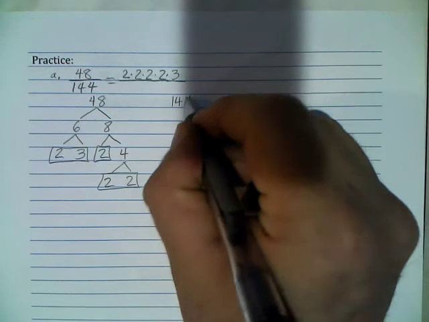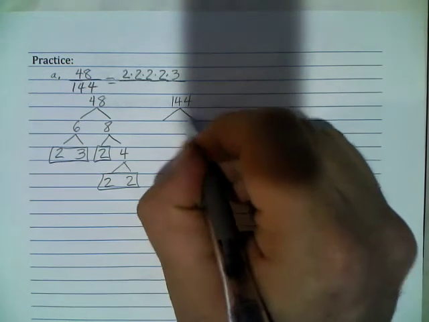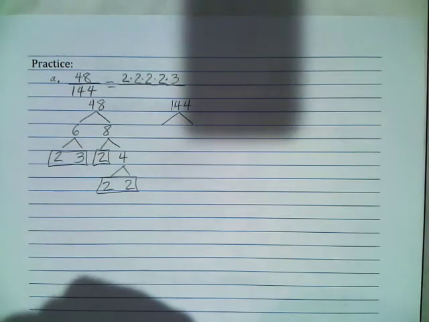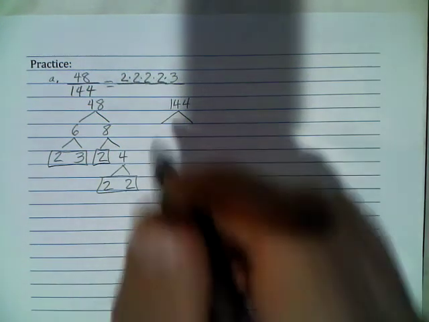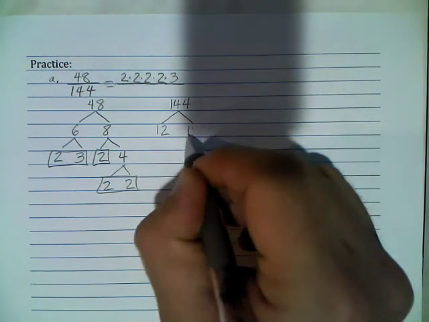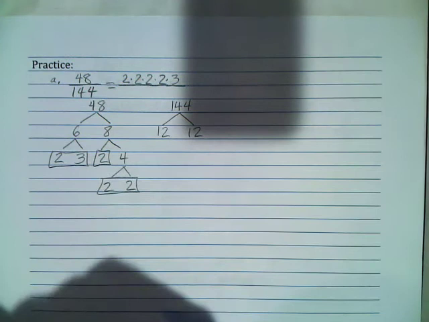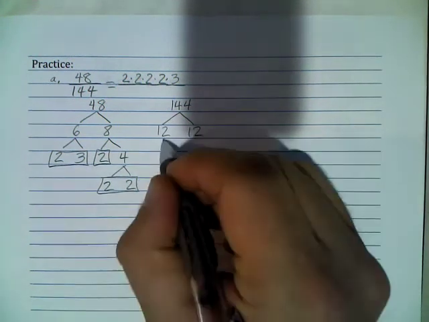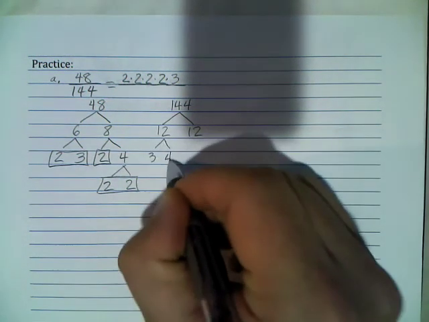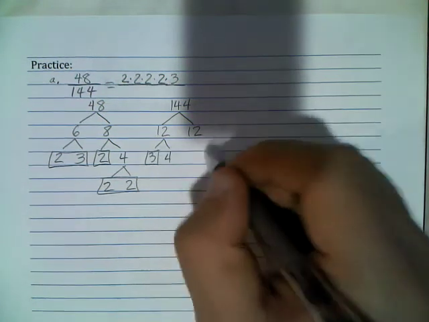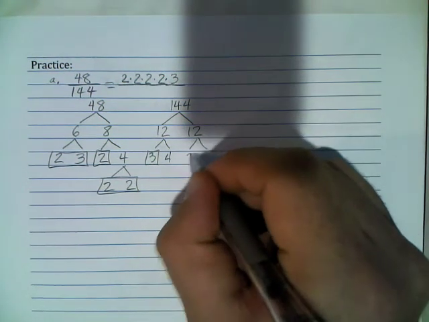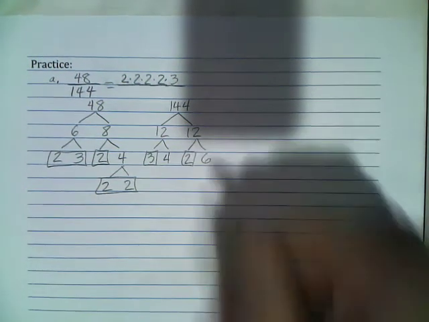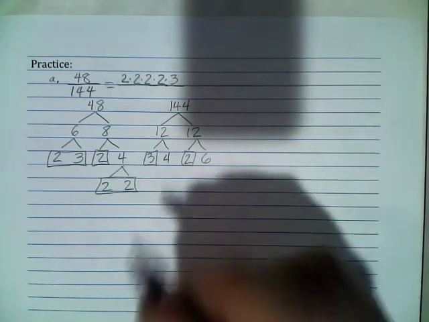Now for 144, I also like the factor tree. I'll be honest, that's kind of my favorite. They're both good skills, but I do tend to like the factor tree better because I know that 144 is 12 times 12, and that makes this really easy now because 12 we know is 3 times 4. And I could just make this interesting. I could also say that it's 2 times 6 because why not?